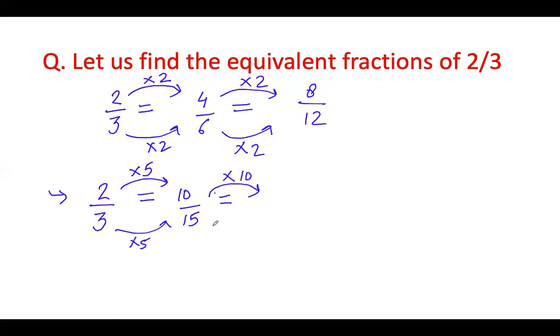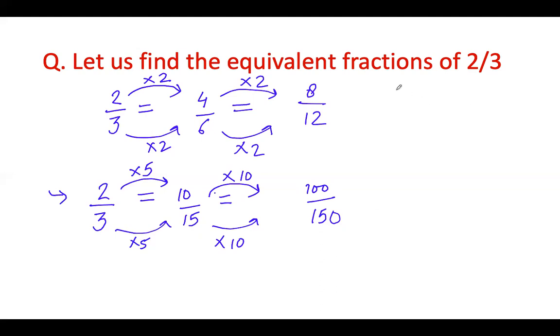But remember one thing, when you multiply by the same number, both the numerator and the denominator, the number which you have taken, both the numerators and the denominators multiply by the same number, right? So we get 100/150. I hope you understood well, right?